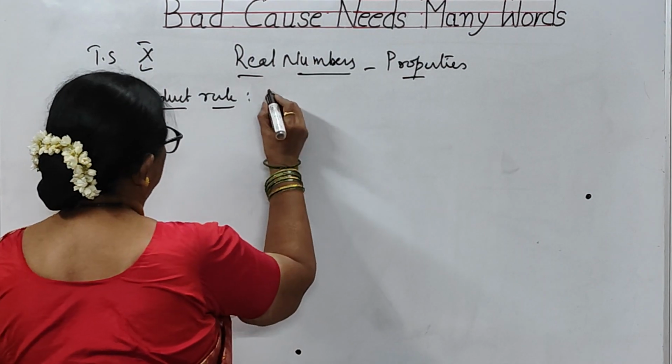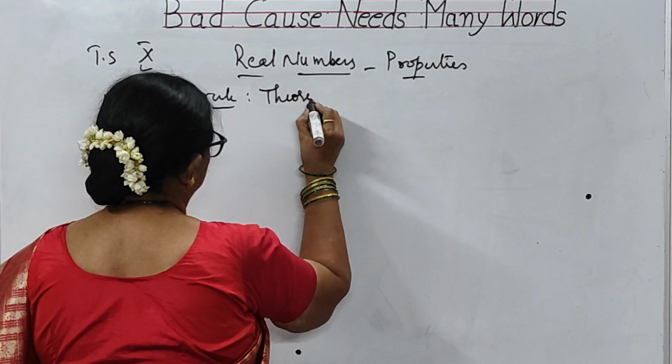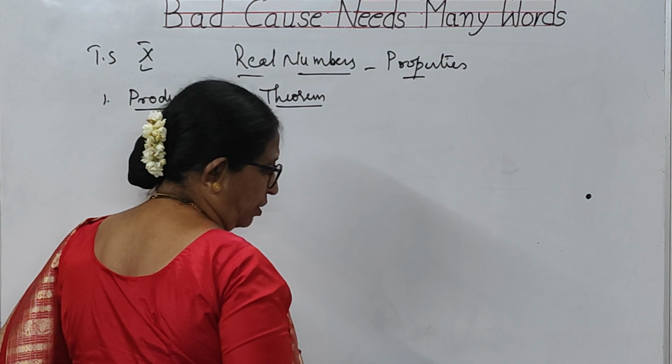It is a theorem you have got. In product rule, a theorem is given to you.